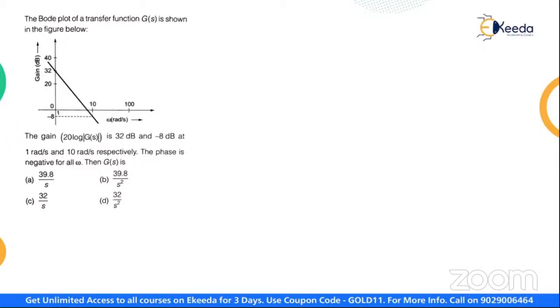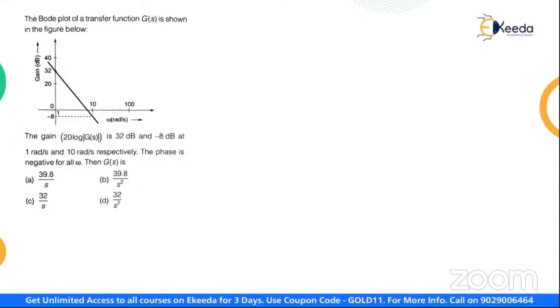The gain 20 log of G(s) is 32 dB and minus 8 dB at 1 rad/s and 10 rad/s respectively. If the phase is negative for all omega, then they are asking G(s) is.